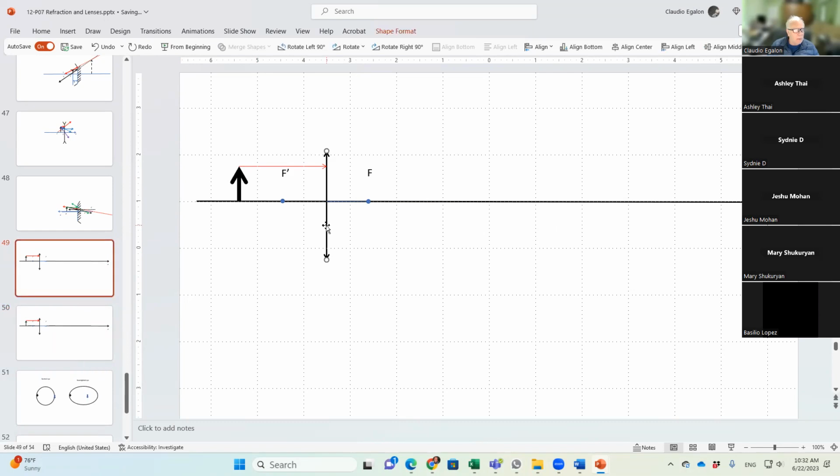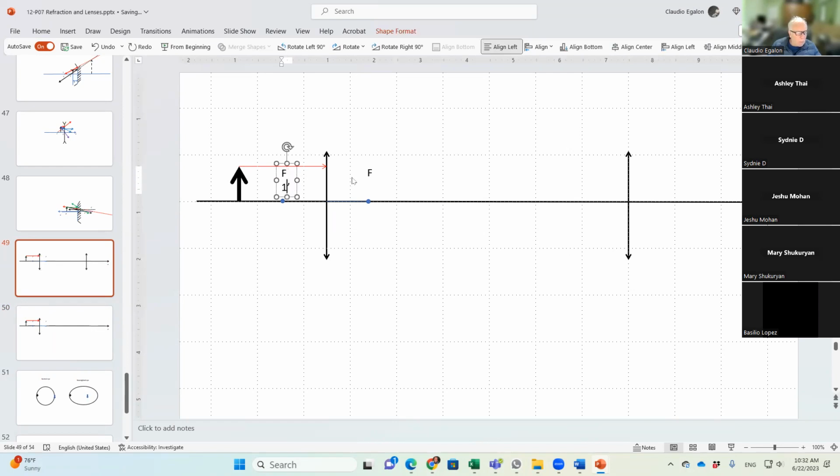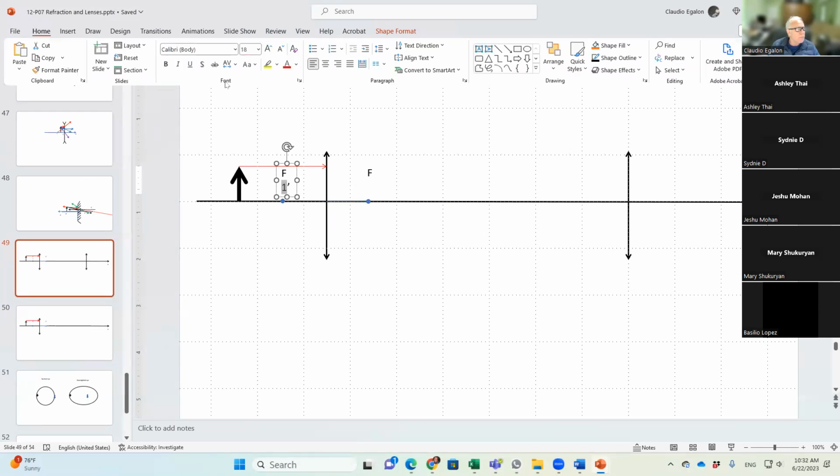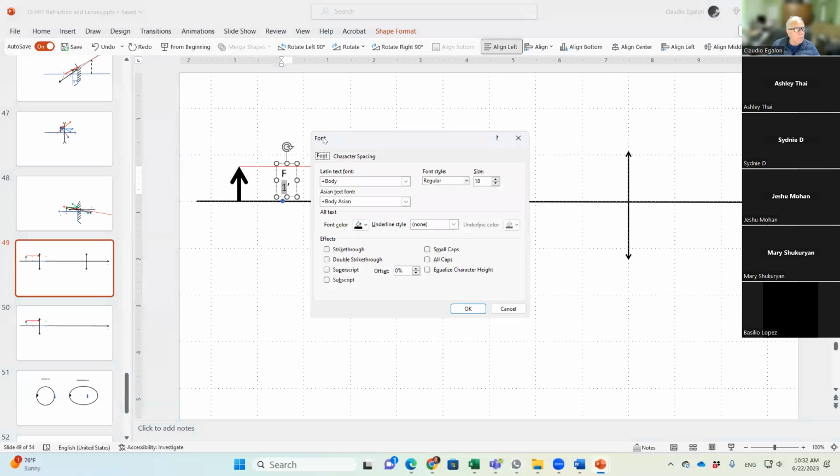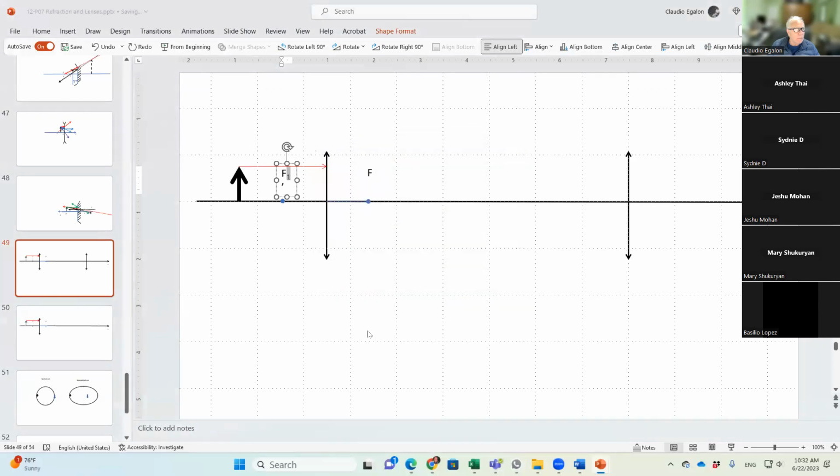Object, and I'm going to put another lens here in this drawing. Let's say here. And then I'll call this one F1, F prime 1 looks better.